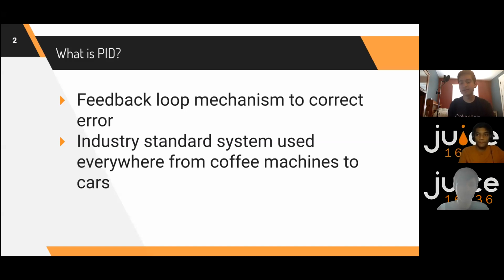It's also used in cars for cruise control. If you're trying to go 70 miles per hour and right now you're going 60, it'll speed you up and then keep you at 70. So that's the purpose of PID. It uses your previous actions to determine what values need to be changed in the future to get to your target.